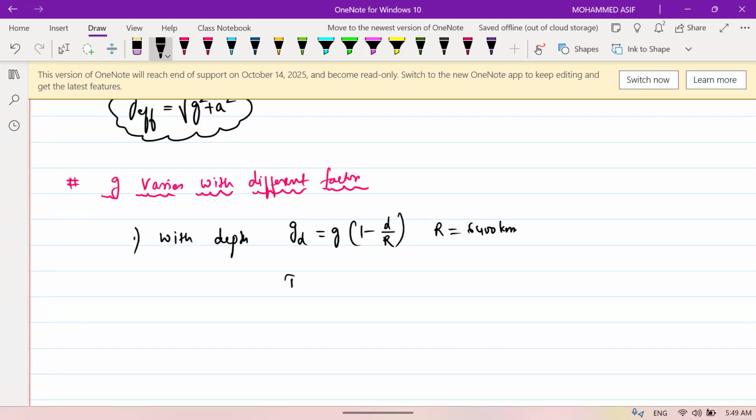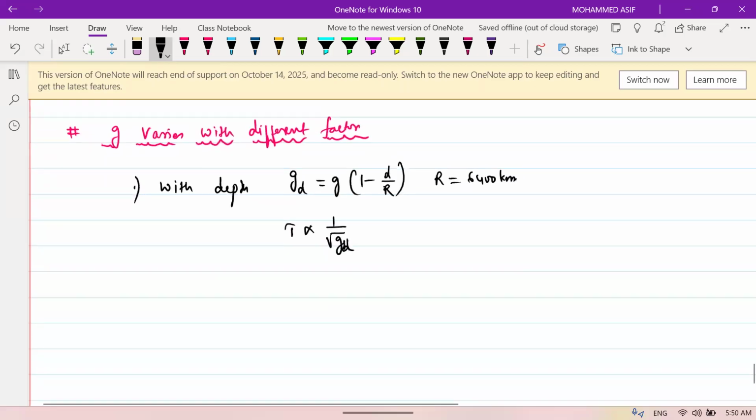So time period is inversely proportional to under root of g with respect to height. So with respect to depth, sorry. This is with respect to depth.